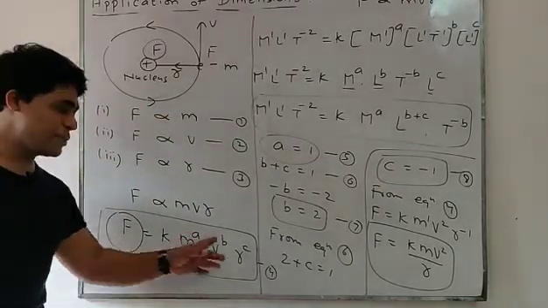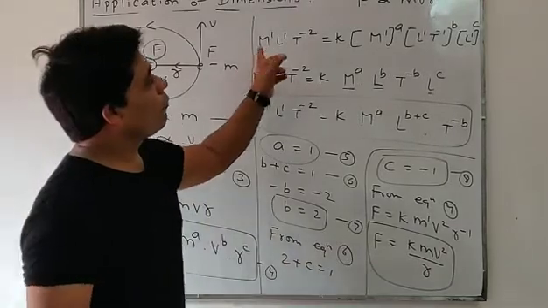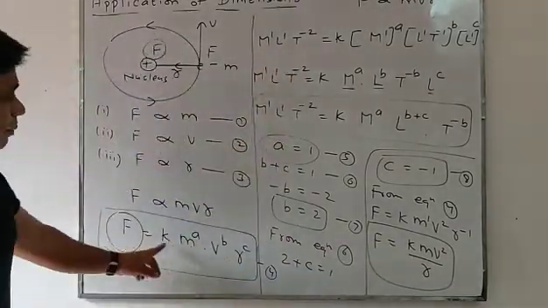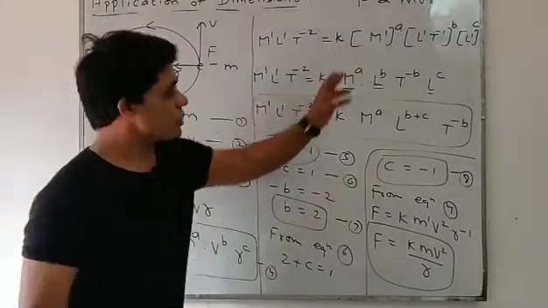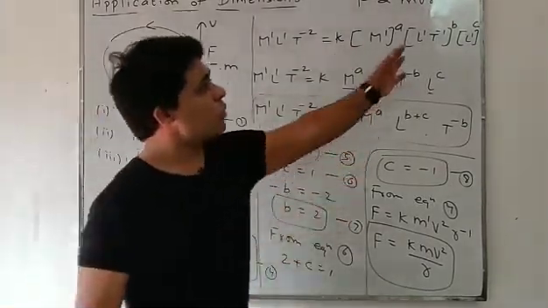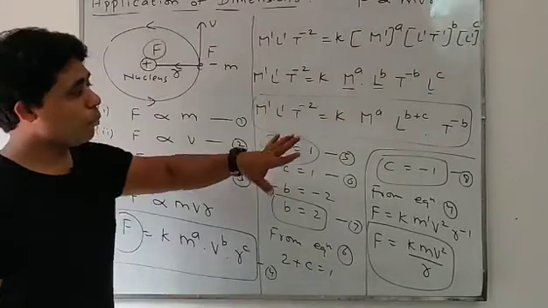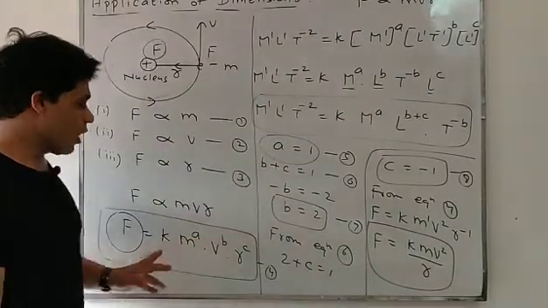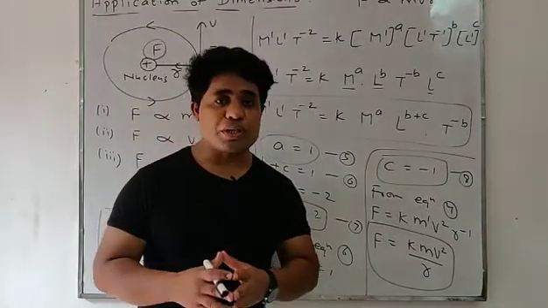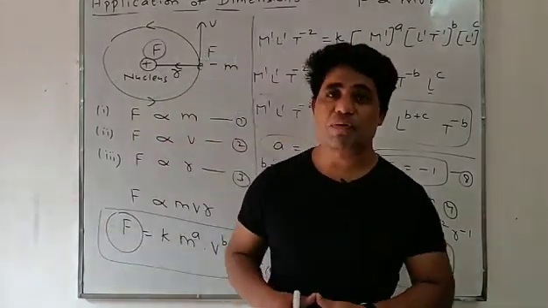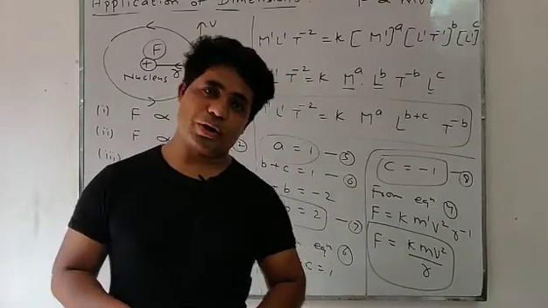We just used the powers as ABC and we put the dimensions of all the physical quantities. Dimension of force, dimension of mass, dimension of velocity, and dimension of distance. Compare both sides, we got ABC. Finally, when we put the ABC in this equation, we got a formula. So this was the third and last application. In this way, we can find the relation between physical quantities. Okay, students?